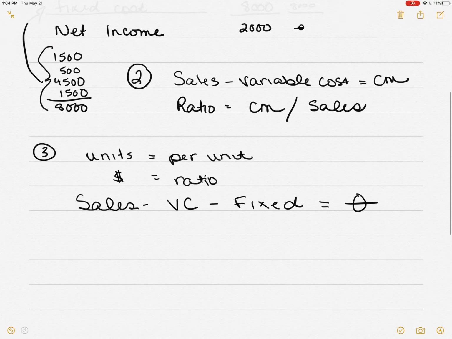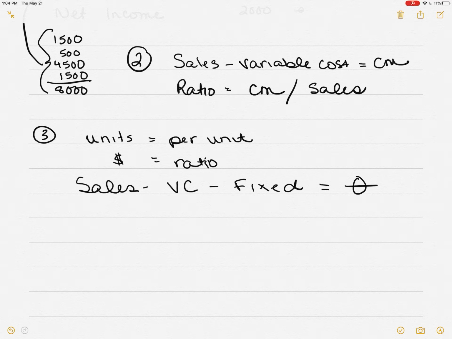So when I look to my break-even point, I need to cover my fixed costs. If I look at it in units, I could take my fixed cost and divide by my contribution margin per unit. And that will give me my break-even in units.